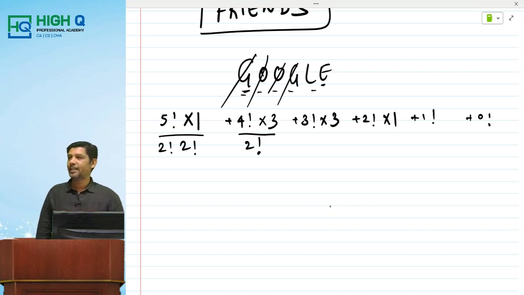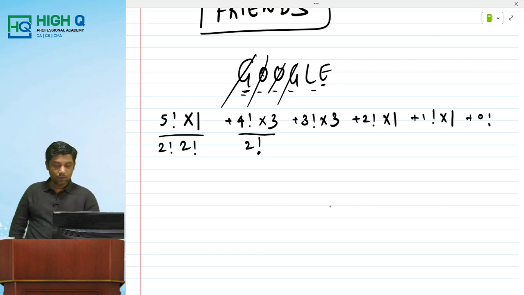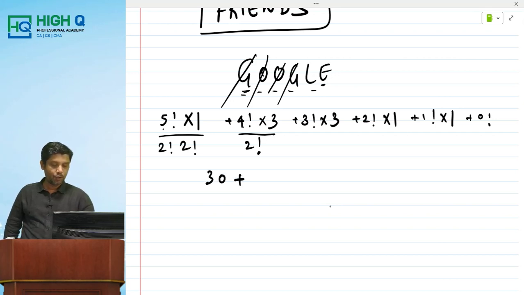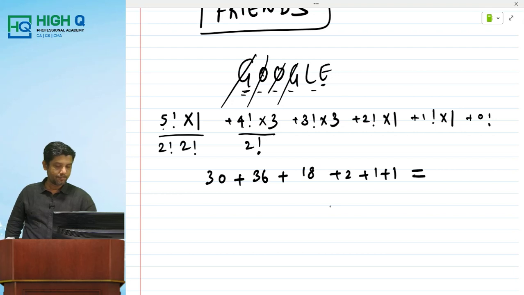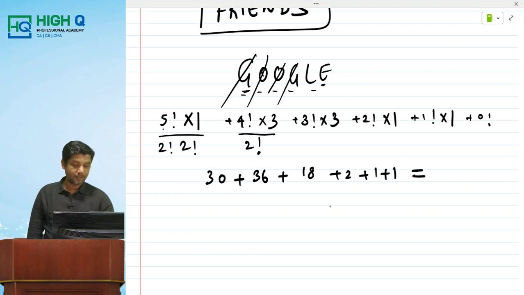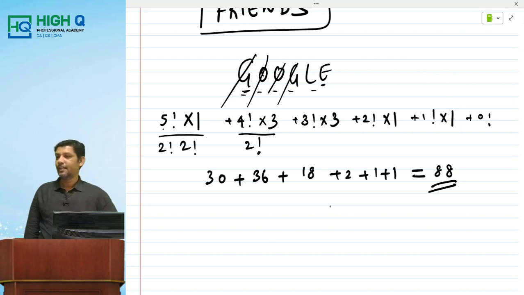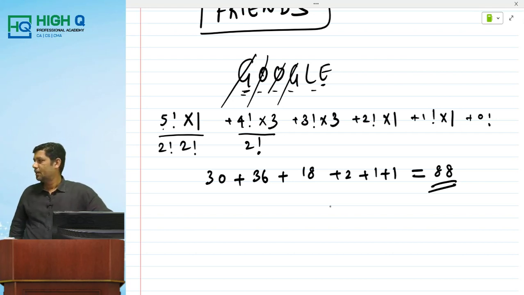L. Anything less than L? Any repetition? Last, leave it. 120 divided by 4. 30. 24 3s are 72. 72 divided by 2, 36. 18. 76. 88. Okay, fine.